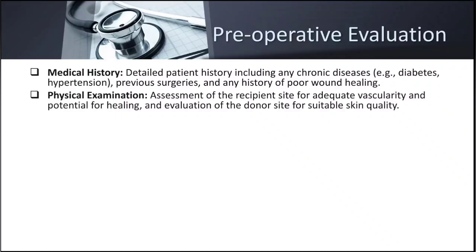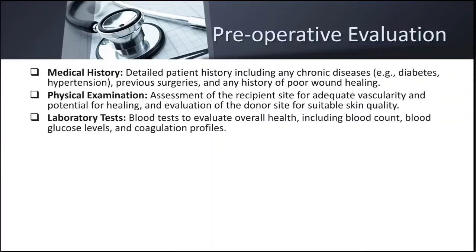In physical examination, you need assessment of the recipient site for adequate vascularity and potential for healing, and evaluation of donor site for suitable skin quality. And here in this examination, you need to see granulation tissue, a proper granulation tissue. In some texts, they will say this is actually an indication that it's time for a graft.